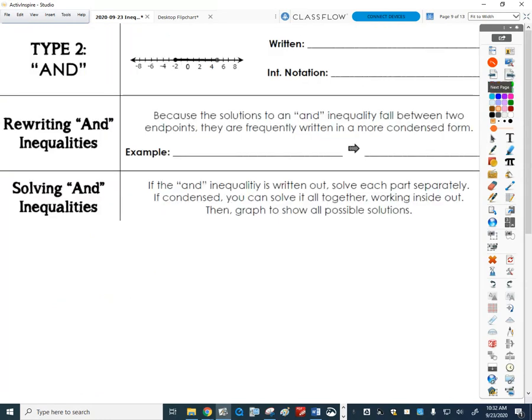Okay, type 2 is an and inequality. Okay, so and inequalities, these are called conjunctive inequalities. And so how would we say this? If we want to write it out using words, we would use the word and, right? So we would say, you tell me, how would I say that then?